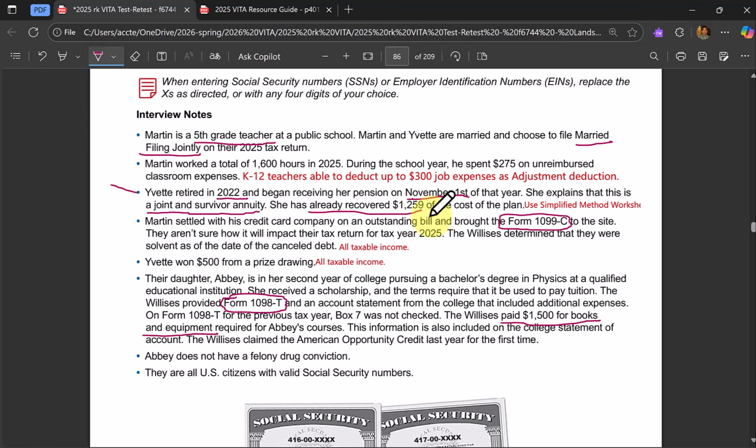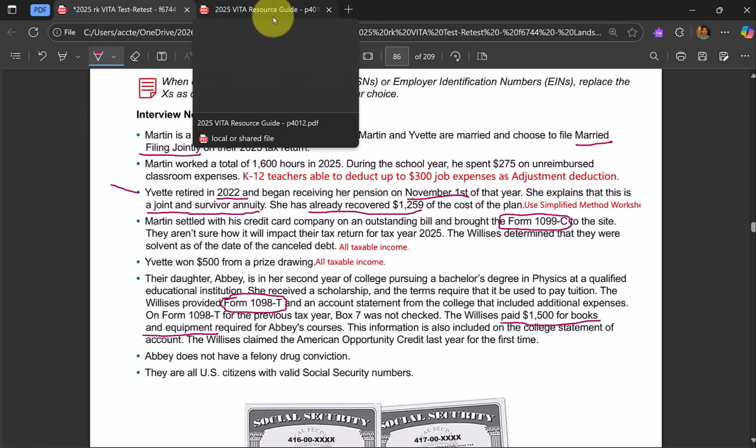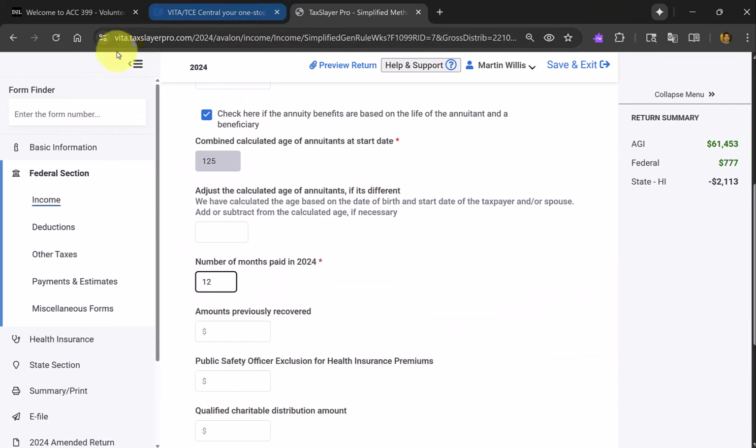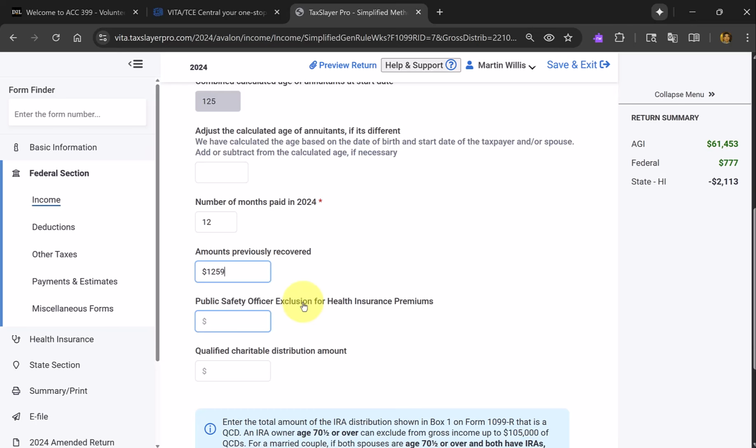They would look at the previous year's tax return, or it would be automatically filled in if we're continuing from the previous year, 1259. And this is just keeping track that we don't go over that $15,000 tax-free costs that we saw on the tax form. Okay, not public safety officer.